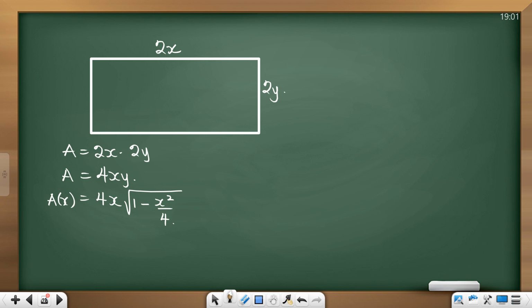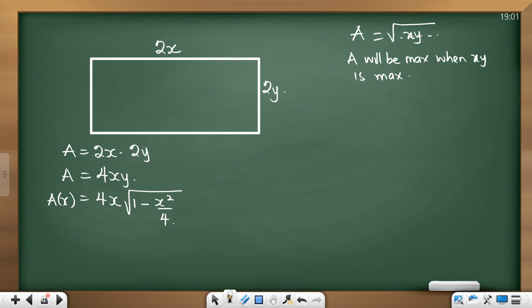Now we are scared of that algebra, but we need to do it. I have A equals the square root of blah, blah, blah. A will be maximum when xy is also maximum. Don't worry about the square root.